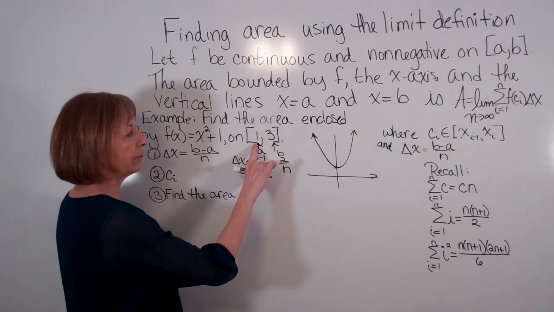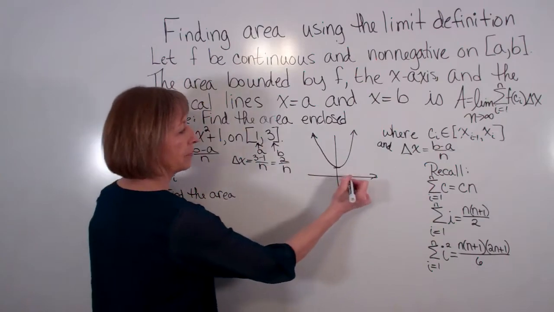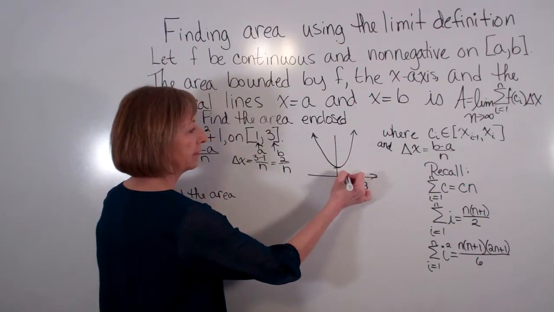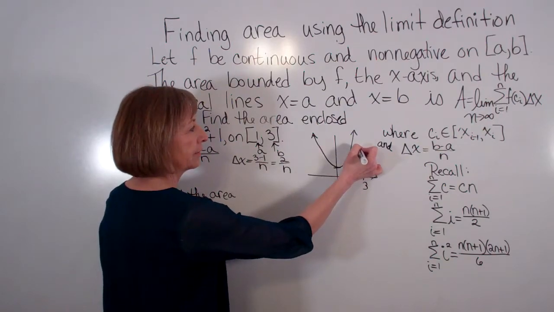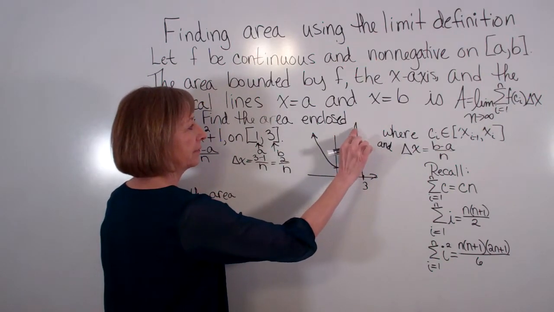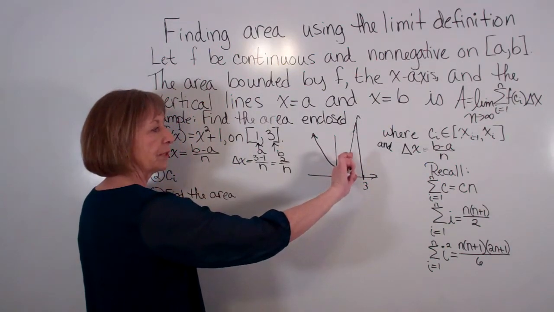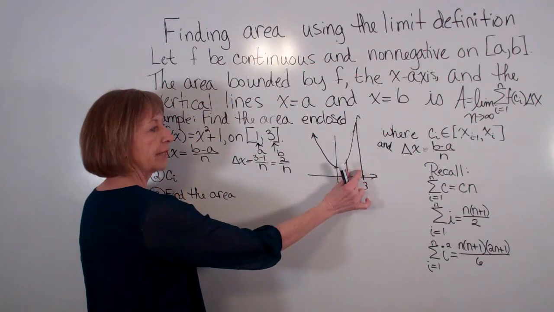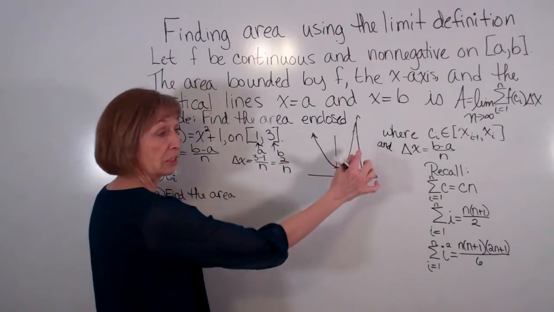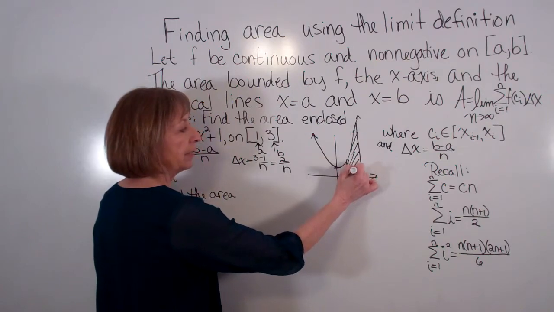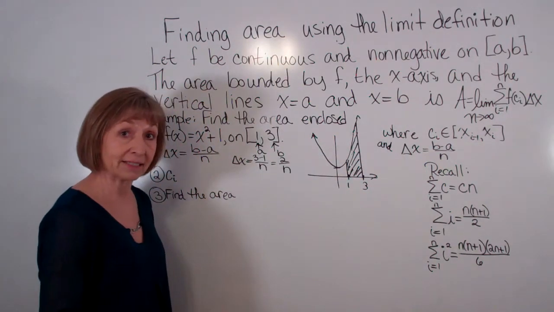It's on the interval from x equals 1 to x equals 3. Draw your vertical lines, and that one I'm going to extend a little bit more to hit it. And that region is caught between the curve and the x-axis over that interval. So this enclosed spot is the area that we want to find.